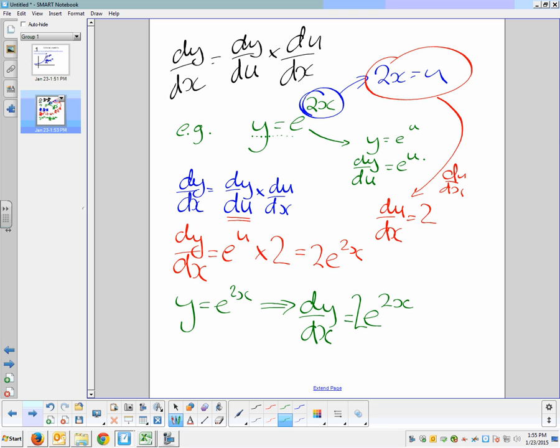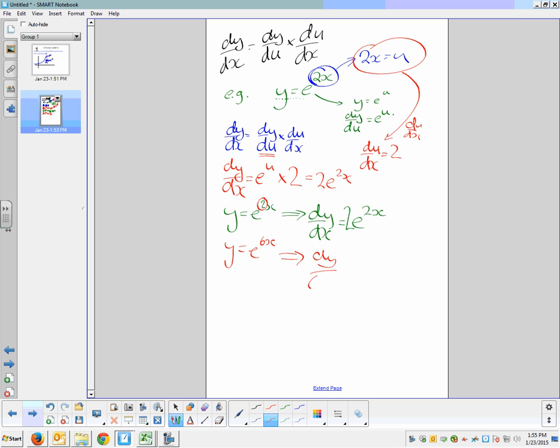And obviously that works for any value here. So if y was e to the 6x, that would just become dy by dx is equal to 6 e to the 6x.